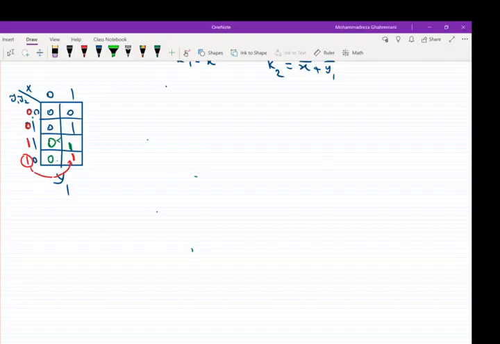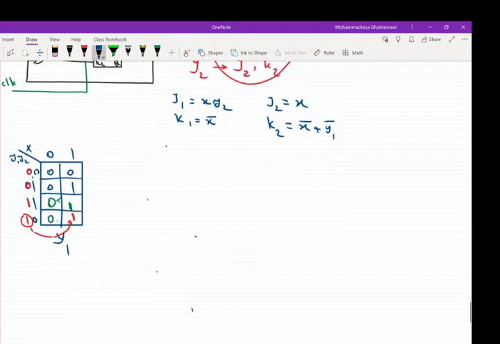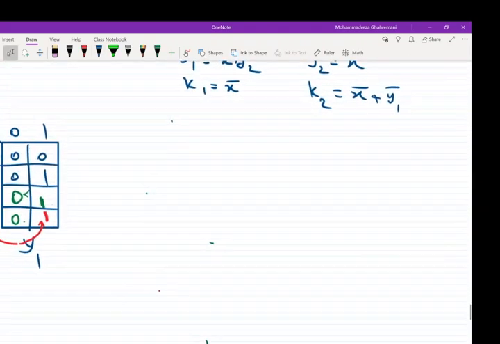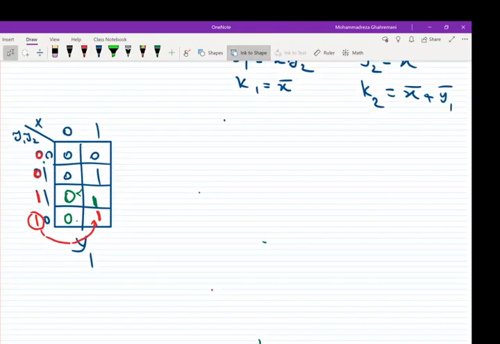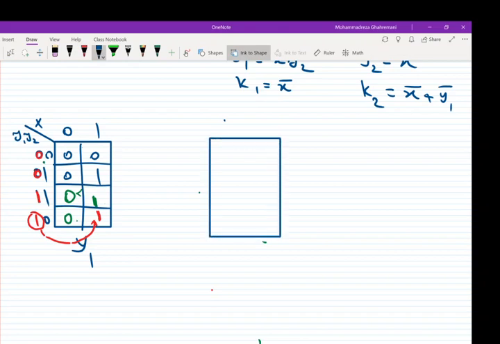Okay. So this one was the next state of y1, flip-flop 1. For flip-flop 2, we again draw the same state table.